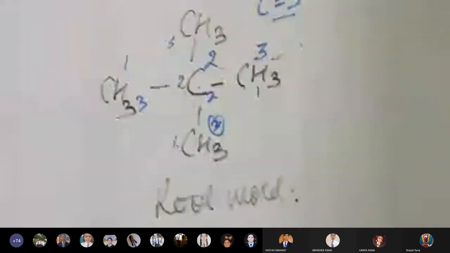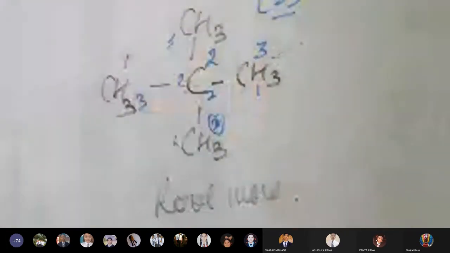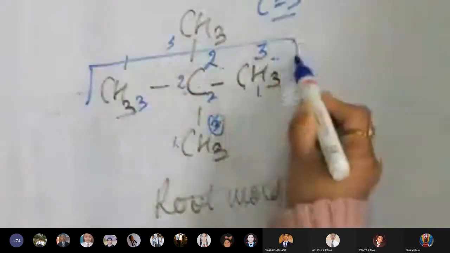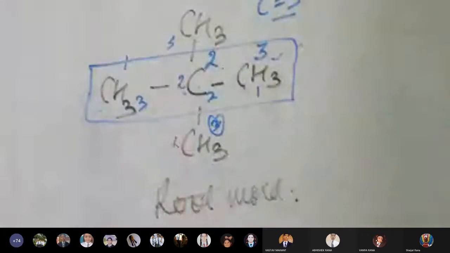Now you are free. If 4 variations are there and all 4 give you carbon number 3, then you can choose any one as your principal chain. Whatever you choose as the principal chain, you can mark it like this, so on paper it will be easy to see that this is my principal chain.